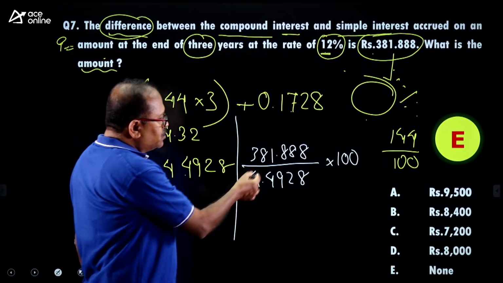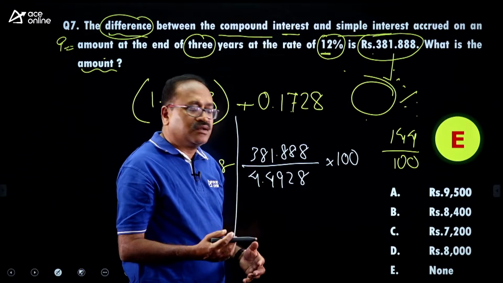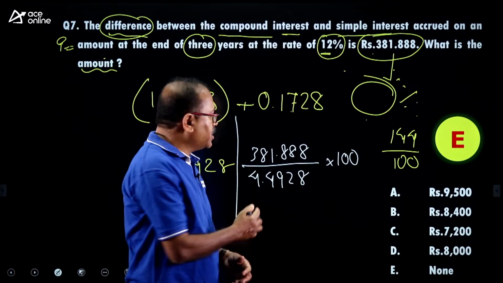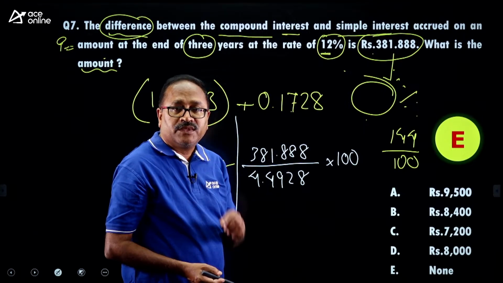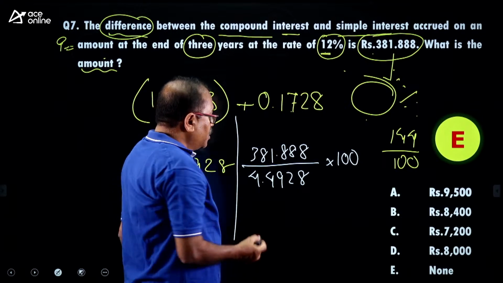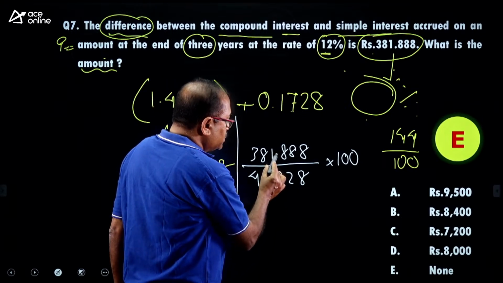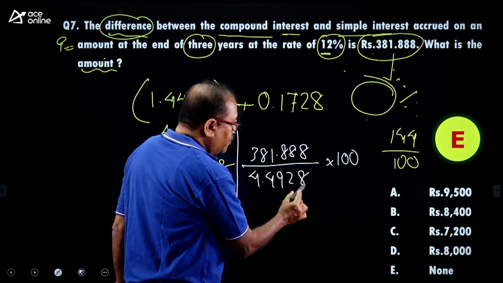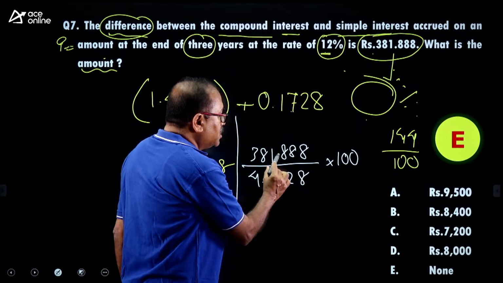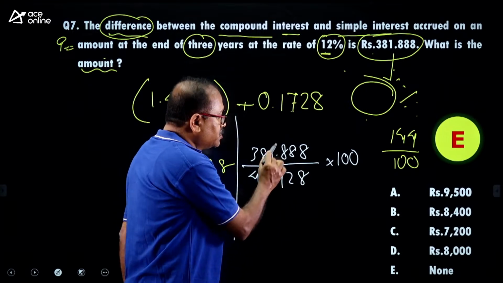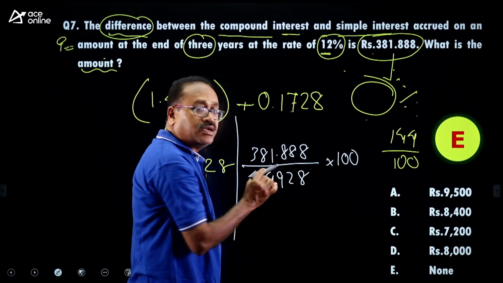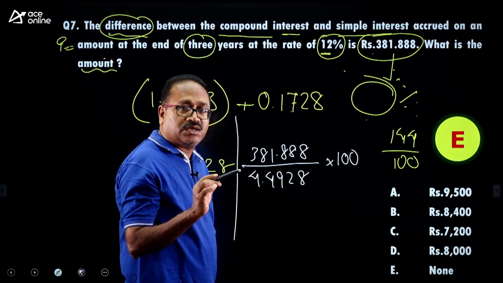Now, when it comes to this, you will find a little difficulty cancelling this number. That practically happens. Here, after the decimal, there are 4 digits, so I will multiply numerator and denominator by 10,000, not 1000.